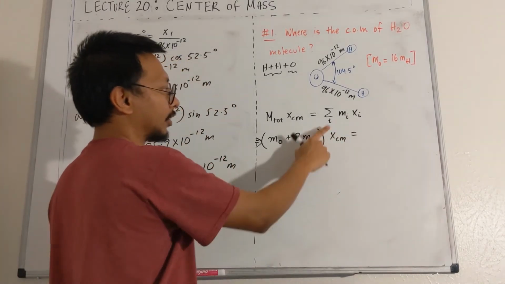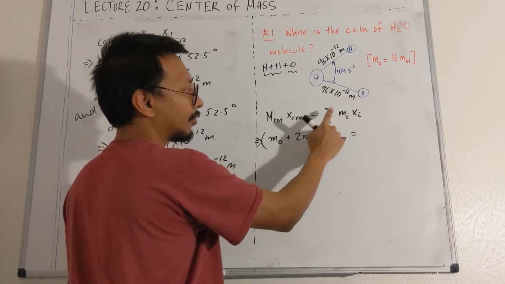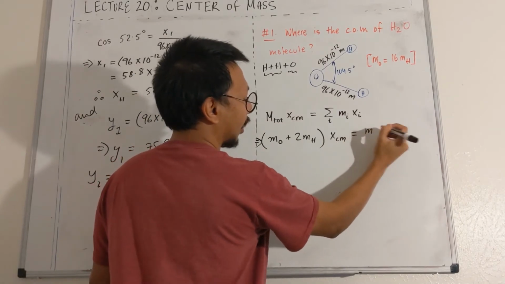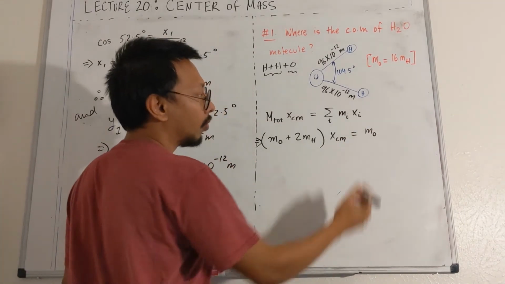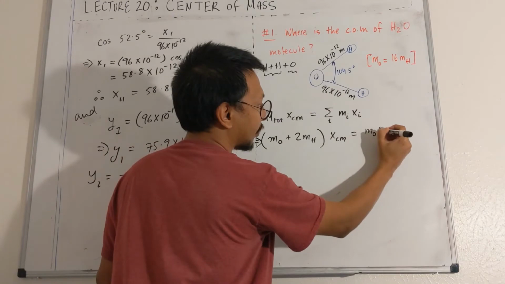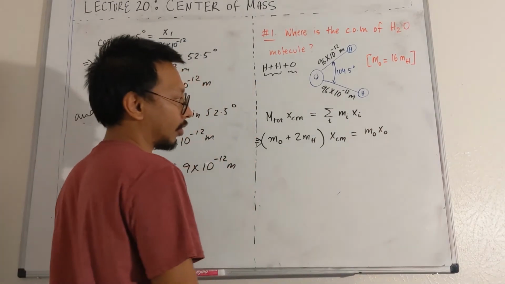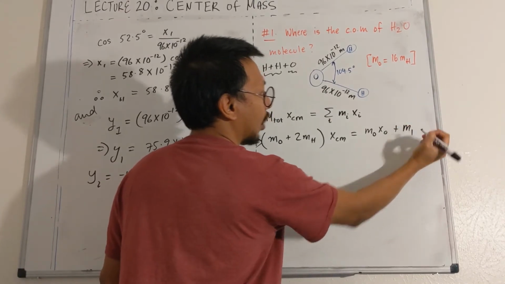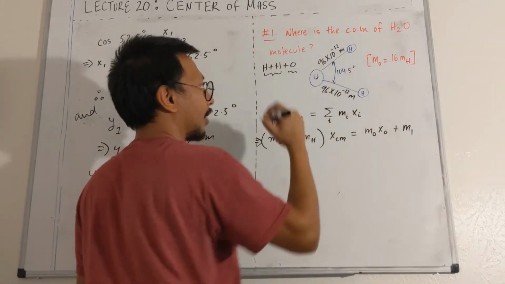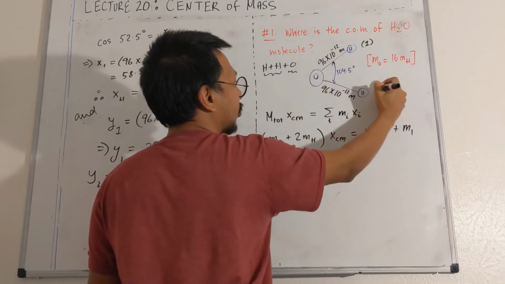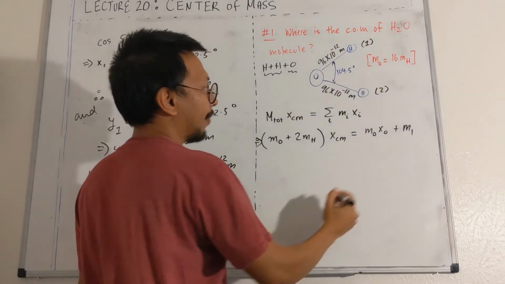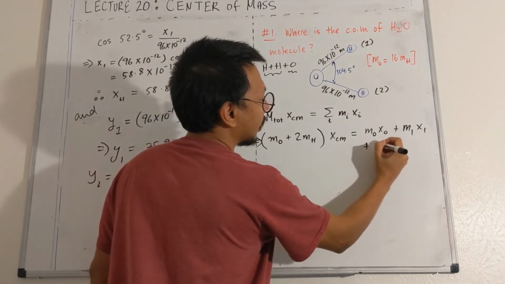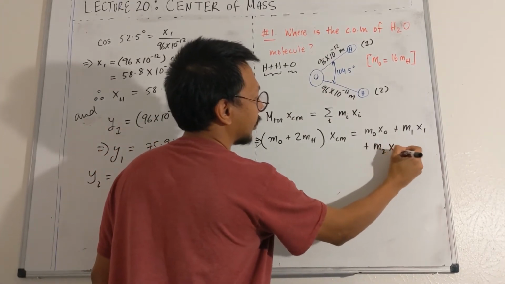This is equal to the summation of individual masses times their individual coordinates, meaning we have M0, the MO, which is the mass of oxygen, times the x position of oxygen, XO, plus M1, where 1 belongs to this upper hydrogen, let's call this 1 here, and 2 belongs to this lower hydrogen, M1 X1 plus M2 X2.